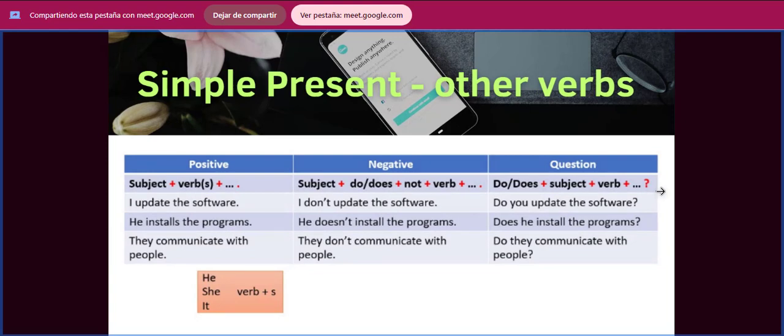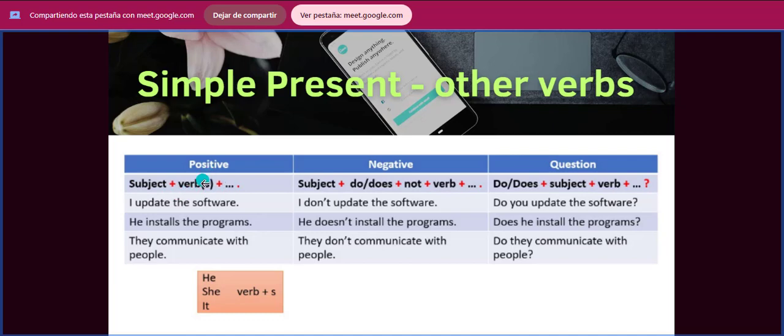Well, what we will do now is to continue with the simple present, but in this case using any other verb. Okay, so we already studied the verb to be, now with any other verb. We will divide it the same way: affirmative sentence, negative sentence, and the question. So what we will do first in the affirmative sentence is to have the subject and then the verb.